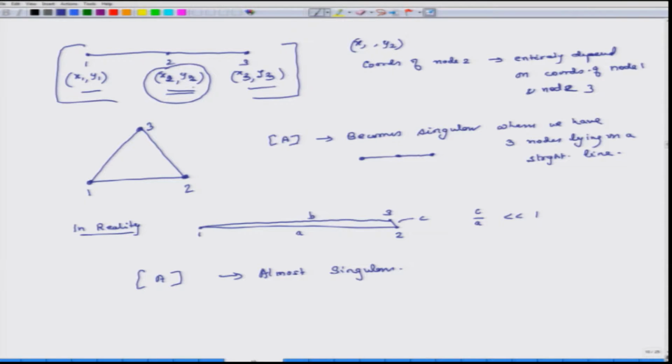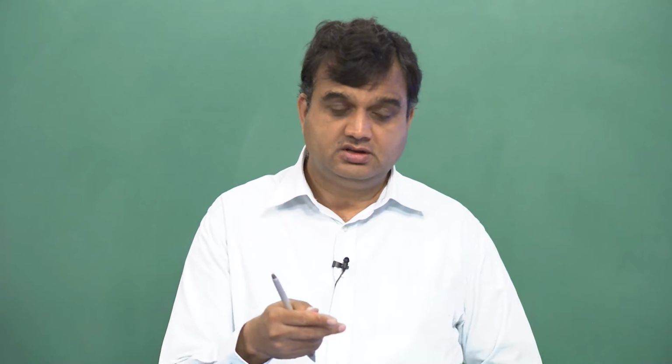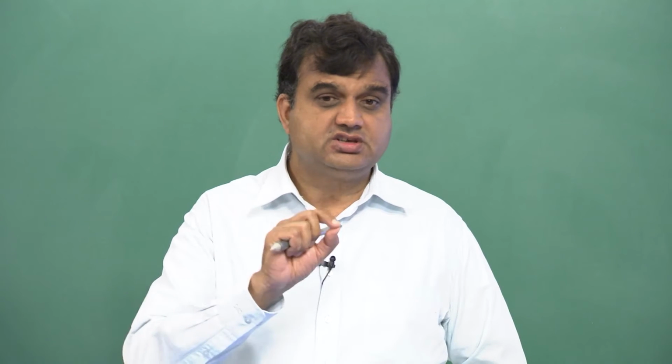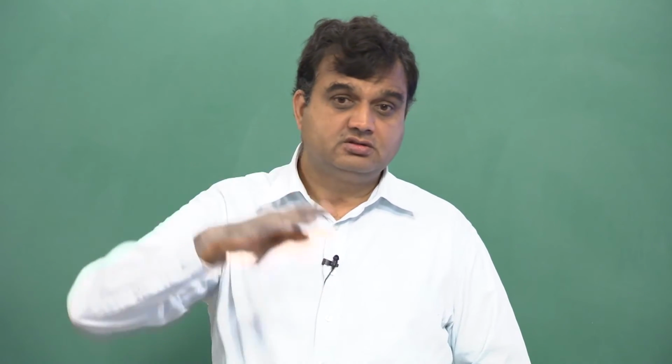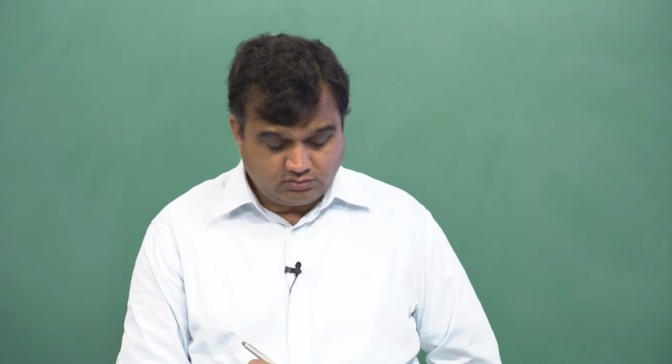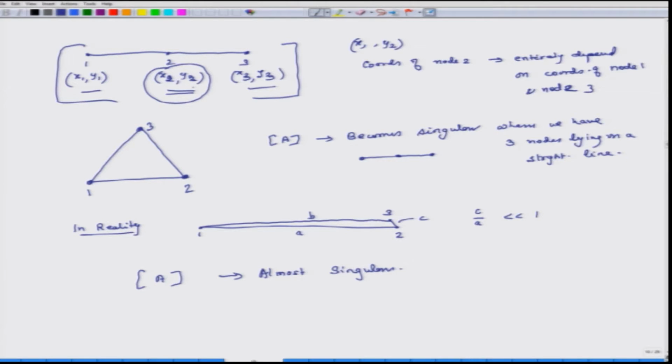Essentially what that means is that the determinant will become an extremely small value, and when we are doing computations we have round-off errors and truncation errors, then even small changes in that small number in the determinant will cause large errors. So, what all this discussion tells us is that when we discretize a domain, we should not have elements with extreme aspect ratios.